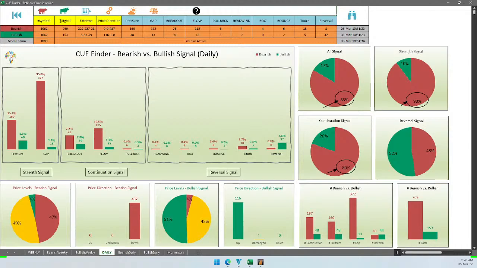On the other hand, reversals are mixed, slightly more bullish. We may say it's mixed neutral, but in absolute numbers, the reversals are very small relative to the gap down. So together in this case, though we have bearish strength, slightly bullish reversal, overall it is still remaining bearish because of this difference in absolute numbers.